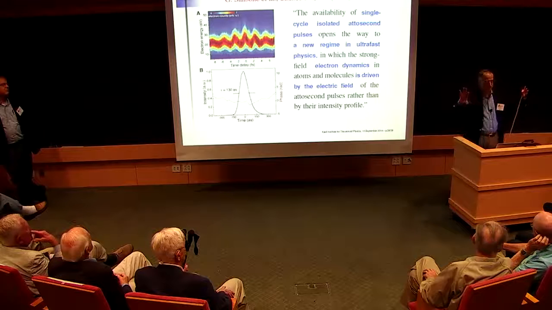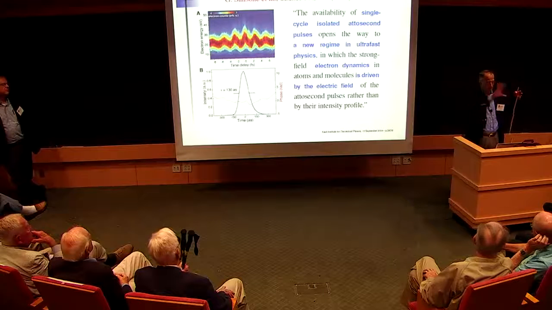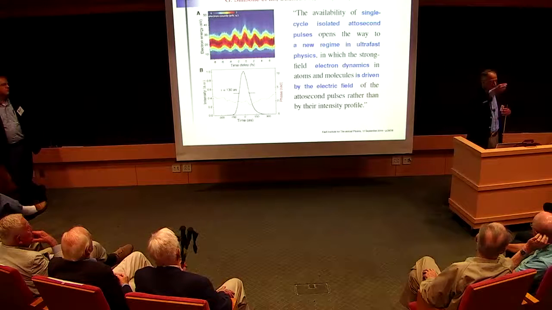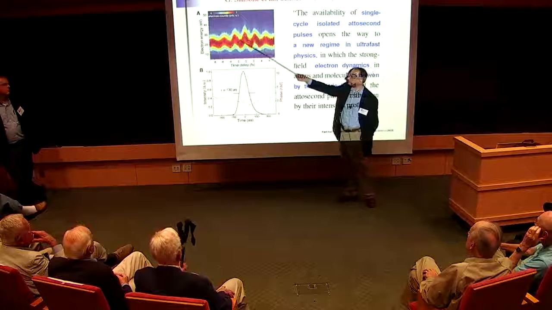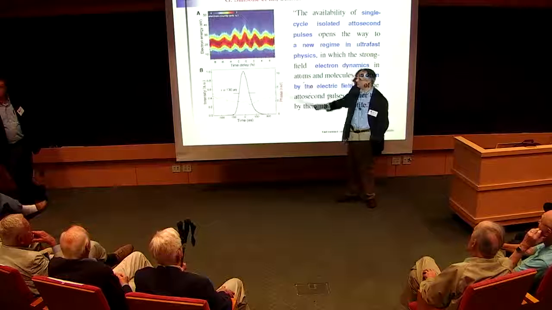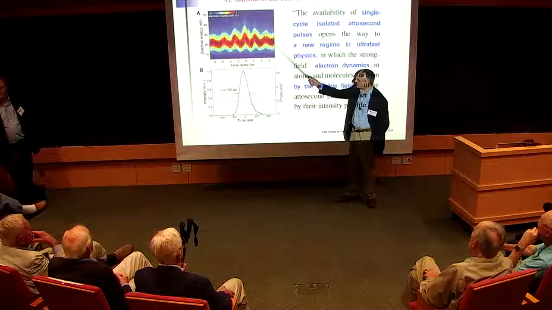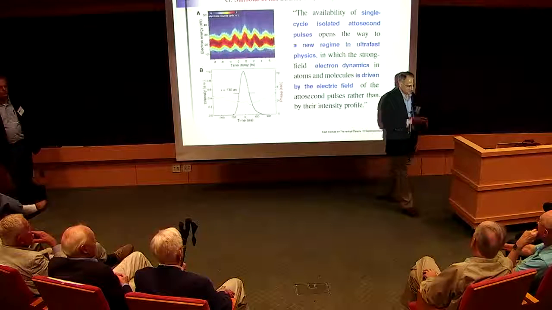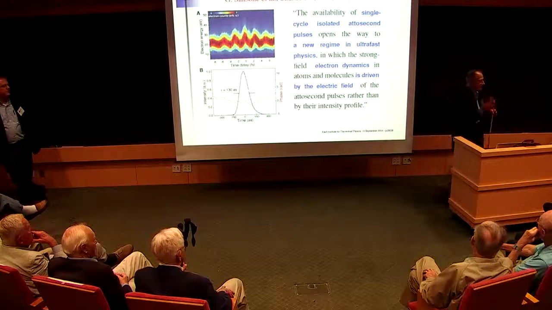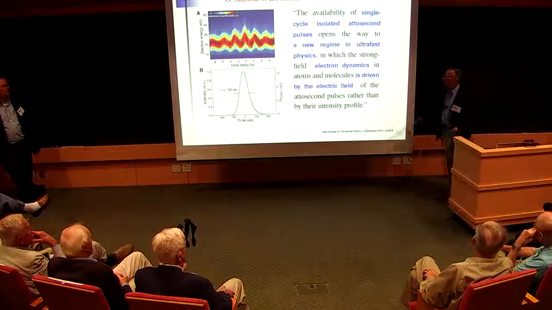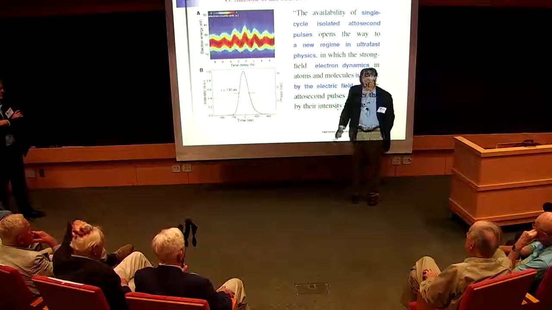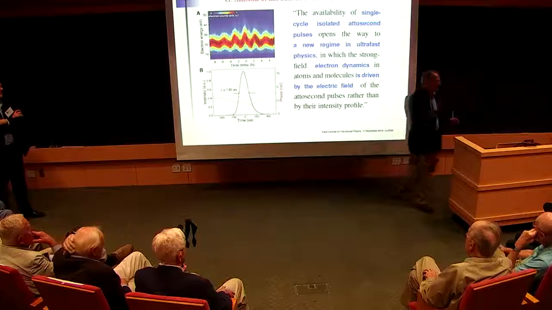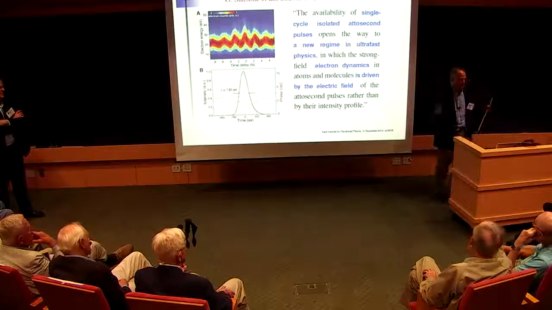You have a driving laser field in the vicinity, and then the electron will be shifted in energy by that field, and they have computer codes that take the data they obtain and create a pulse shape like this.